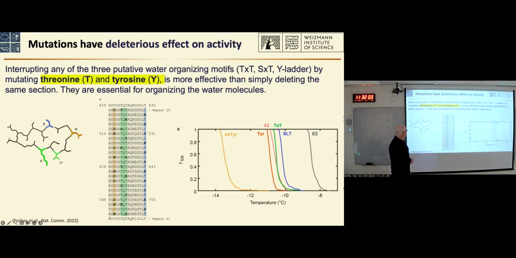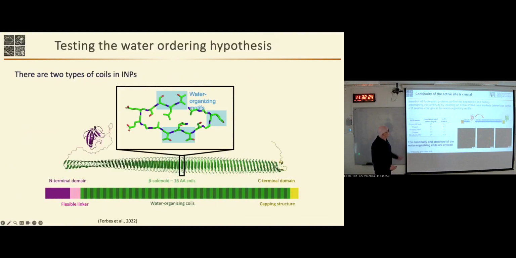When we remove these threonine and tyrosine, we also decrease the temperature where the ice forms. So these two amino acids are really crucial for the formation of the ice, and their presence determines that the water can indeed organize around.